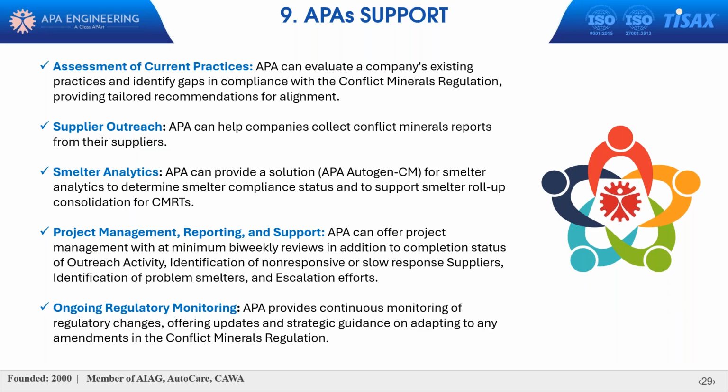Next, custom solutions. Whether it's project management or tailored training, we deliver solutions specific to your needs. By partnering with APA, you can focus on your core business while ensuring compliance and ethical practices.